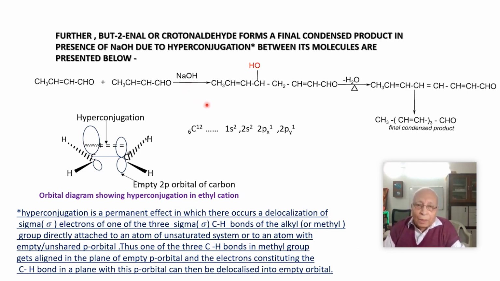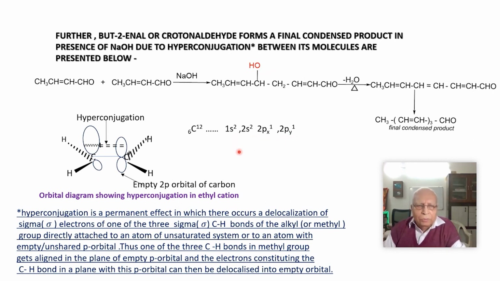Now, we need to know what hyperconjugation is. Before getting into details, we have to recall the electronic configuration of carbon. In the ground state, the electronic configuration of carbon is 1s2, 2s2, 2px1, 2py1.